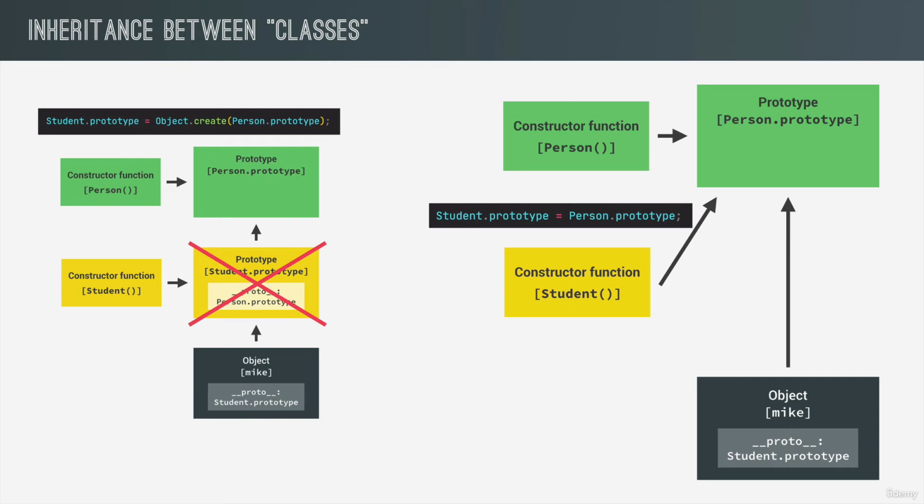But in fact, that's just not what we want. What we do want is the person's prototype object to be the prototype of student.prototype. So we want to inherit from it, but it should not be the exact same object. And that's why we actually needed object.create.